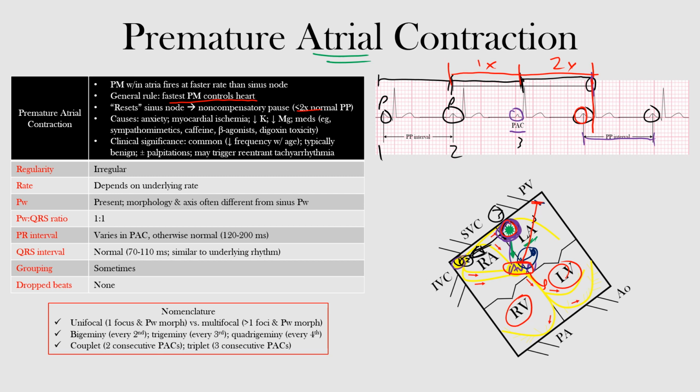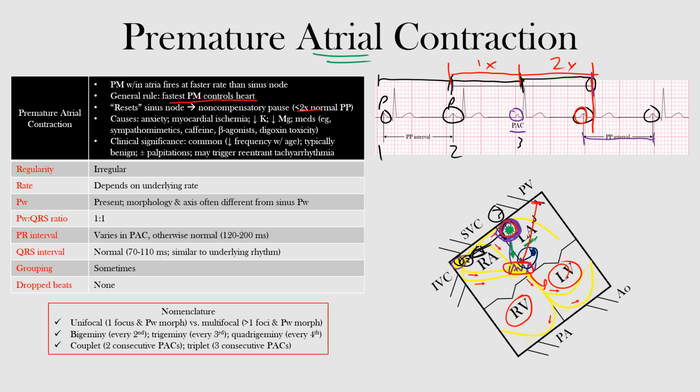They decrease with age. They're typically benign, and some patients may actually have palpitations with them. Because of these premature contractions, they can trigger reentrant tachyarrhythmias. When we start talking about AV nodal or AV reentrant tachycardias, we can see that premature atrial contractions can be triggers of them.